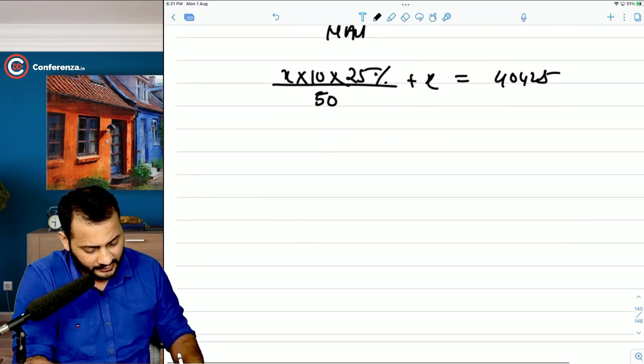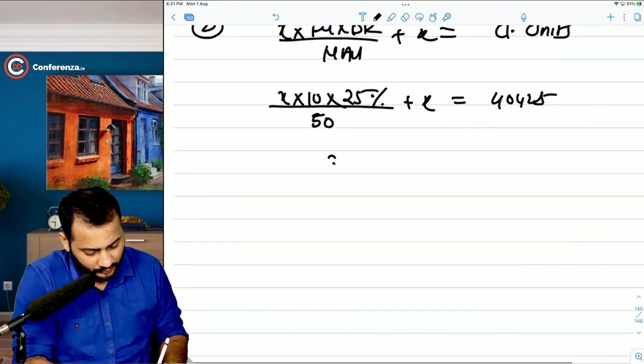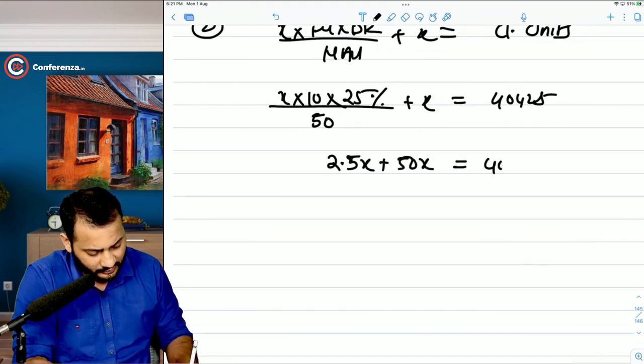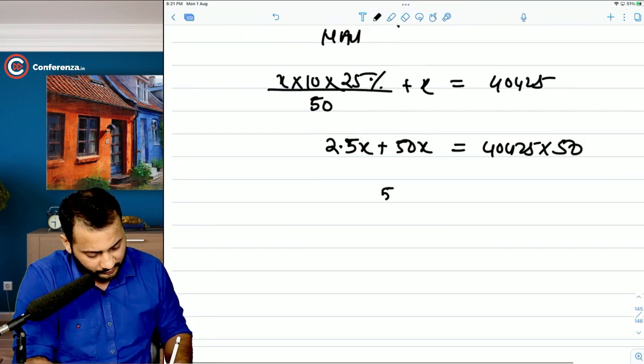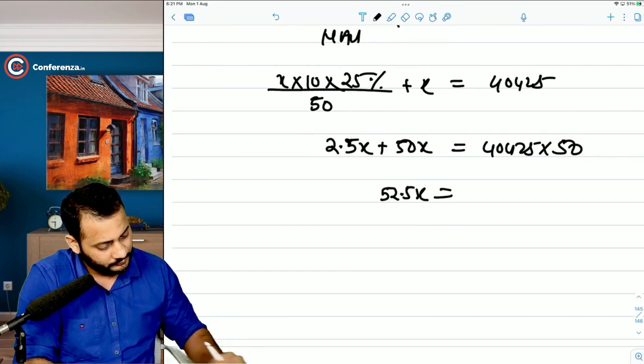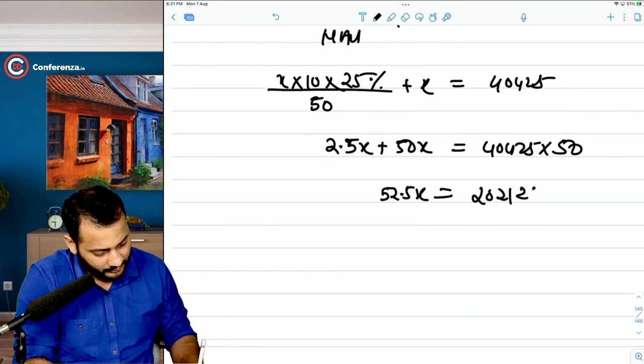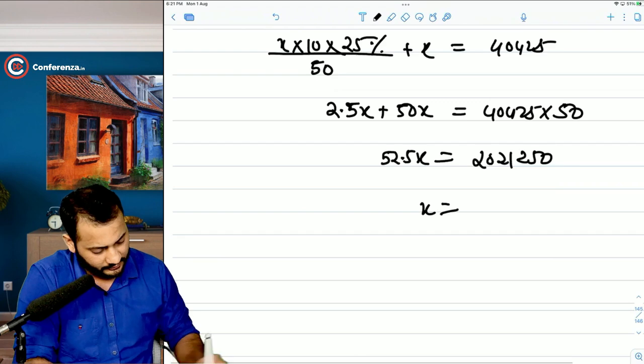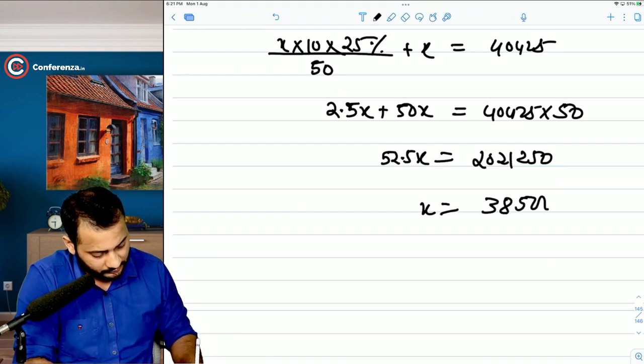Are you good with this calculation? So this is going to be 2.5x plus 50x is equal to 40,425 into 50. So 52.5x is equal to 20,21,250 and X is equal to 38,500.